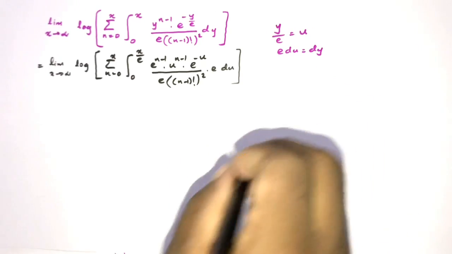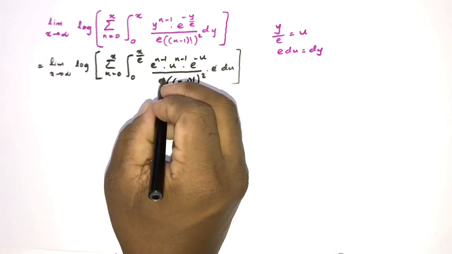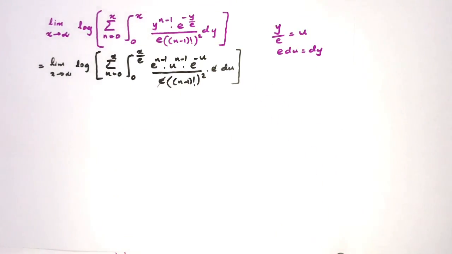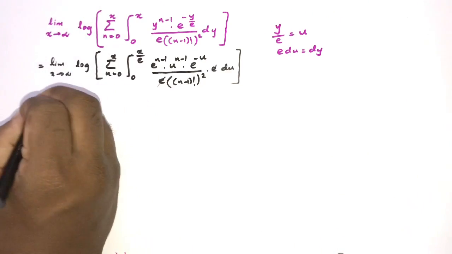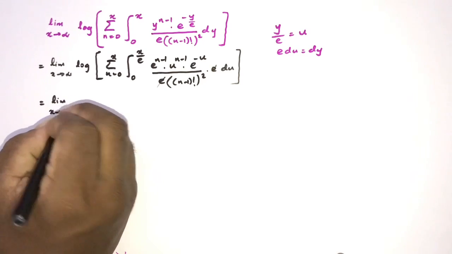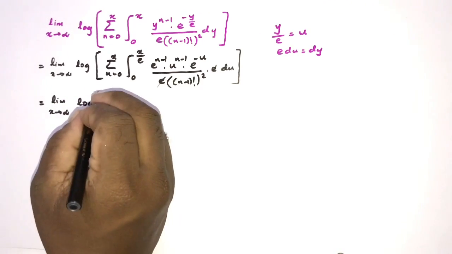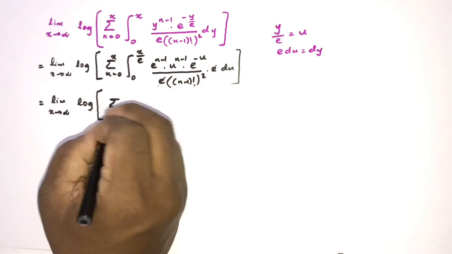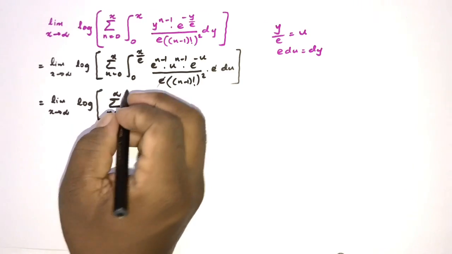Then this e and this e get cancelled, and we can write limit x approaches infinity, natural log of the sum of n equals 0 to infinity.